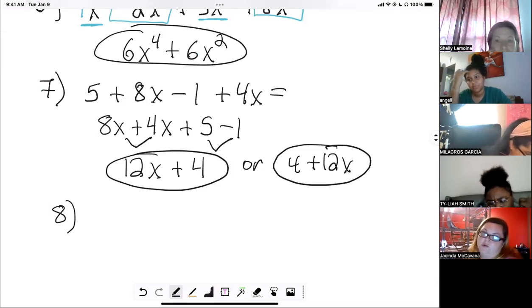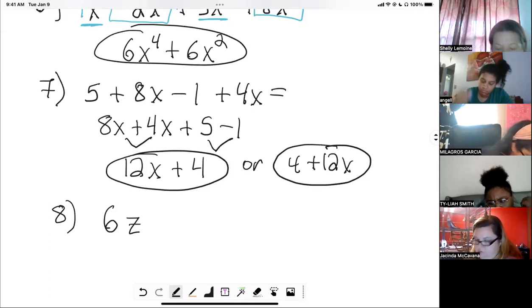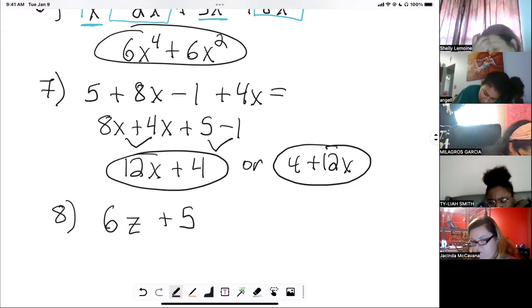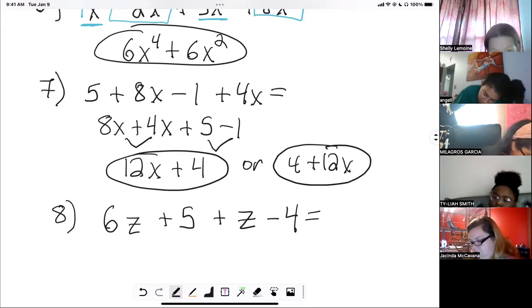Okay, so one more for you. 6, okay, my z's look like 2's, so I put a line through them. So if you ever see a line like that, it means it's a z and not a 2. My 2's and z's look exactly the same, so I always put a line through them.